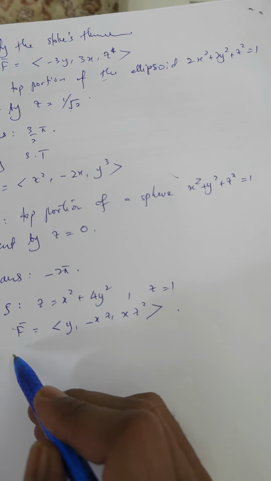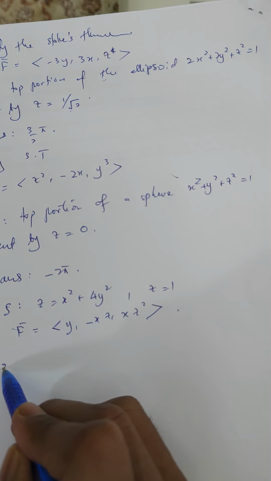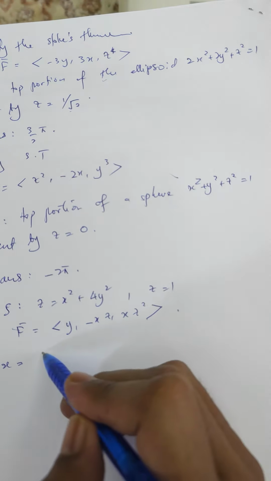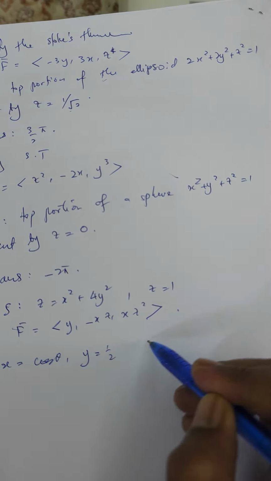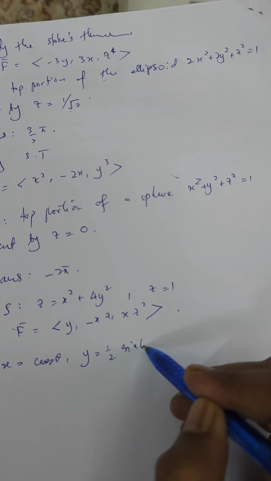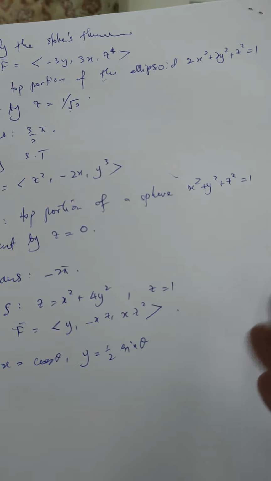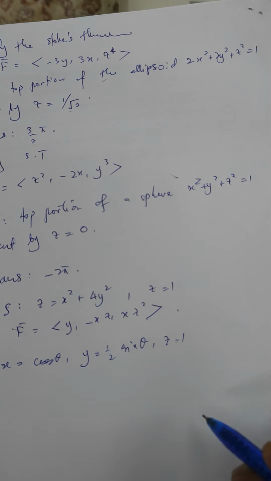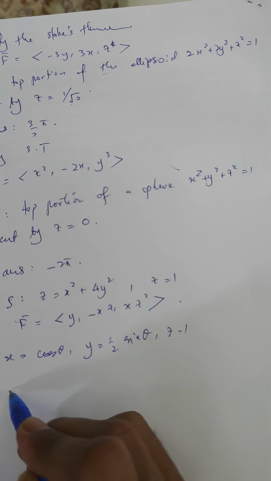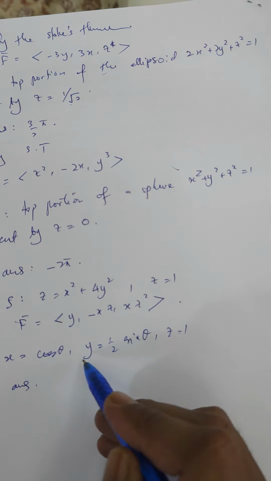For this you can use x equal to cos theta, y equal to half sin theta, because this gives you a kind of ellipse. Then z equal to 1, then you can find what r is, and so on. The answer for this is minus pi.